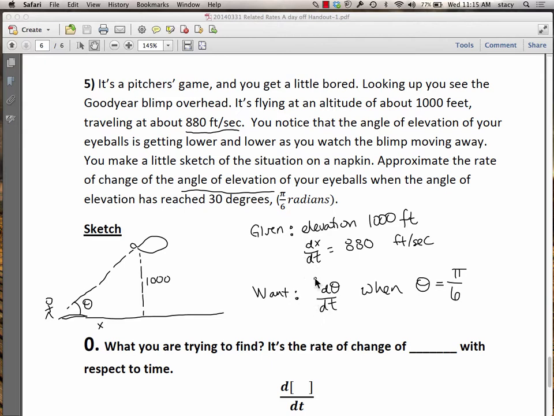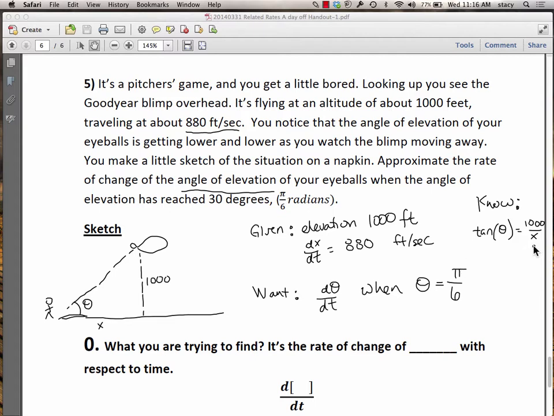So x and theta are the quantities. What do I know that can relate to those quantities? Tangent of theta equals 1,000 over x? Yeah, you could do it that way.